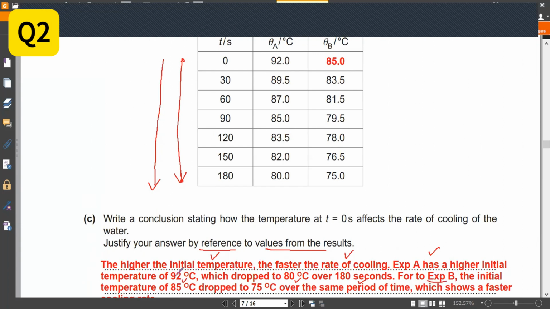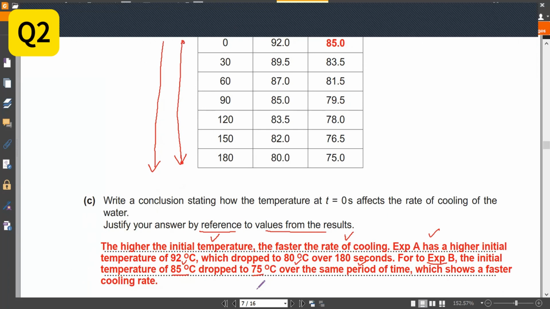For experiment B, the temperature went from 85 to 75 over the same period of time, which shows a slower cooling rate. So experiment B has a slower cooling rate.